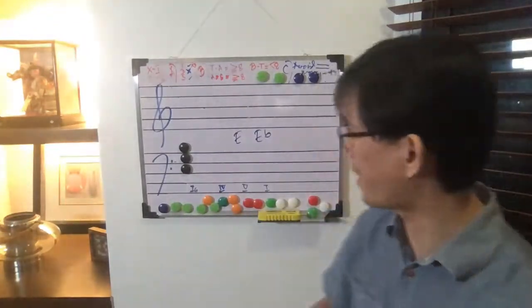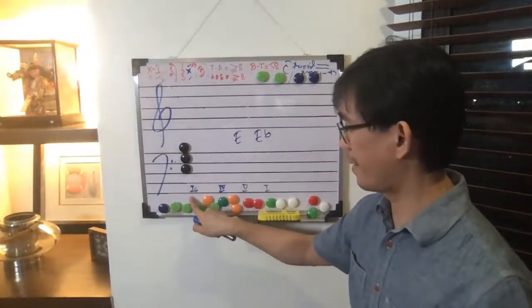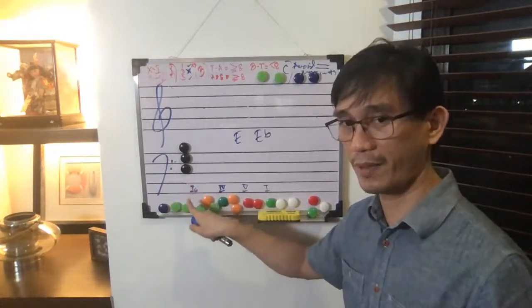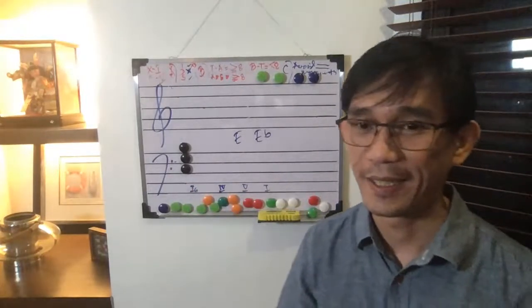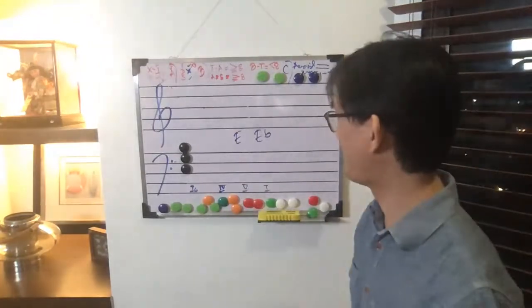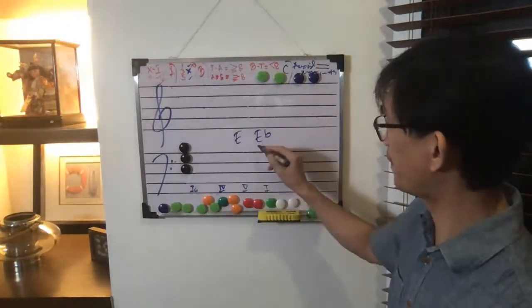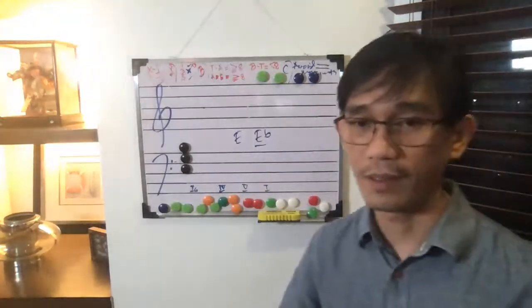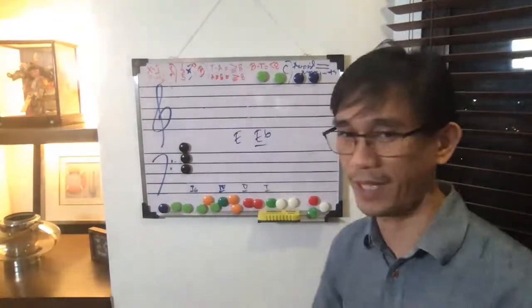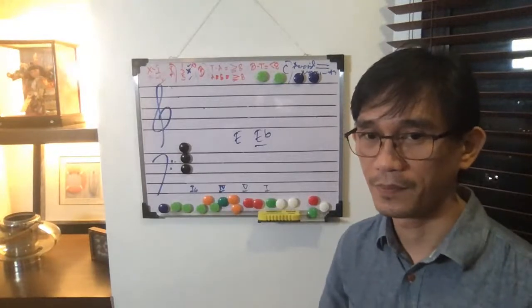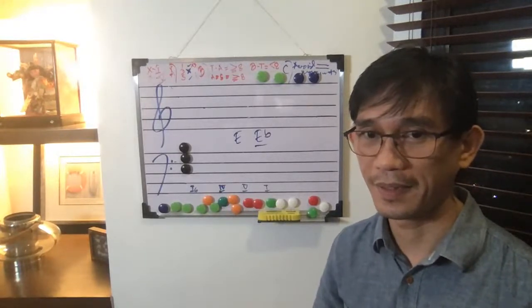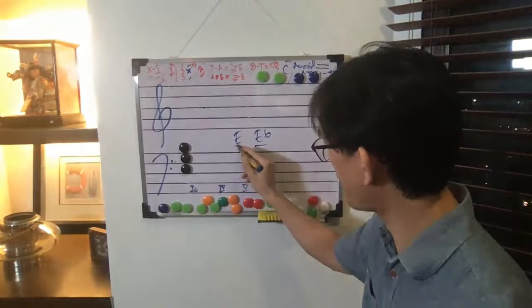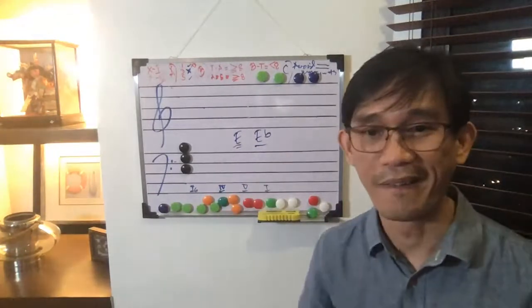No, we're talking about major because the symbol here is a big Roman numeral. So why E flat? If we say E flat, why is it? Or those who say E major, why E major?